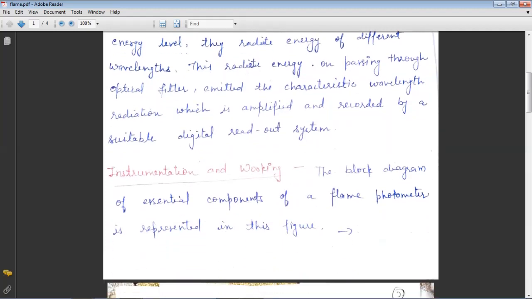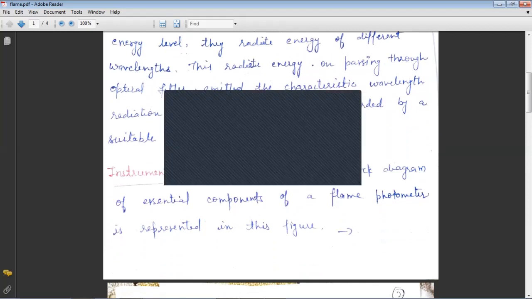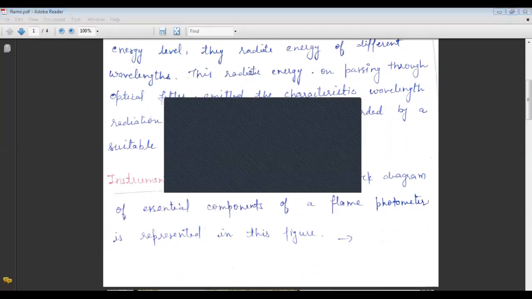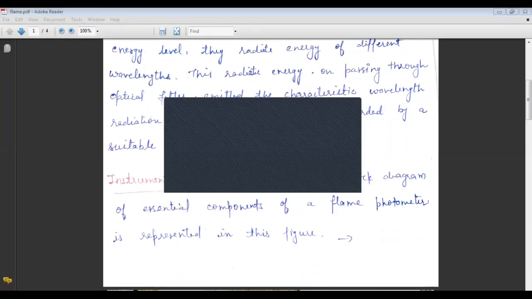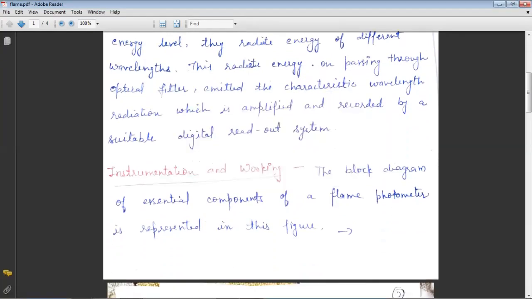Here is the simple or basic concept: the electron gets excited and goes to the excited state, and after that they emit the energy and then return to the ground state. So here the liquid sample containing metal salt solution is introduced into the flame.